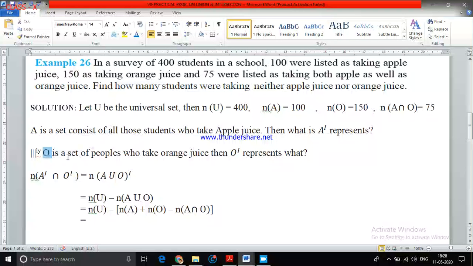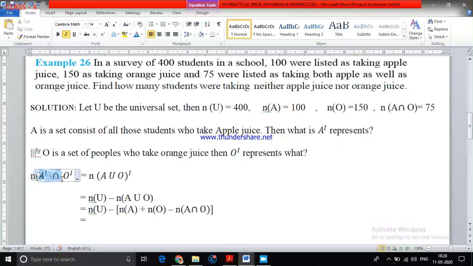Similarly, set O represents the people who are drinking orange juice, then O complement represents the people who are not drinking orange juice. So I have to find the number of people who are neither drinking apple juice nor orange juice.